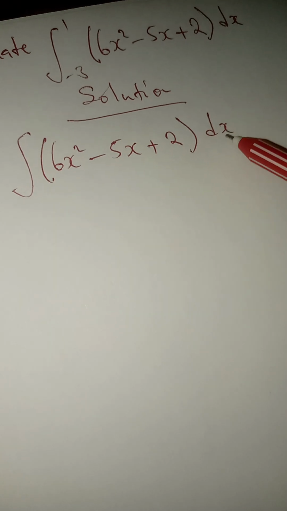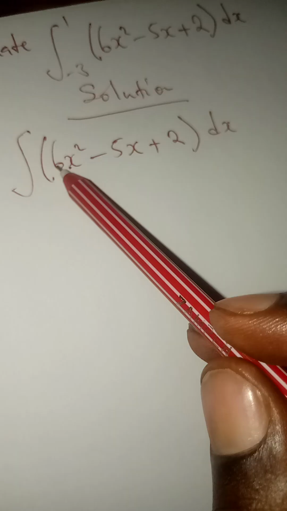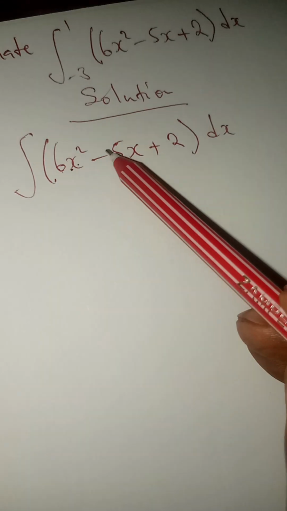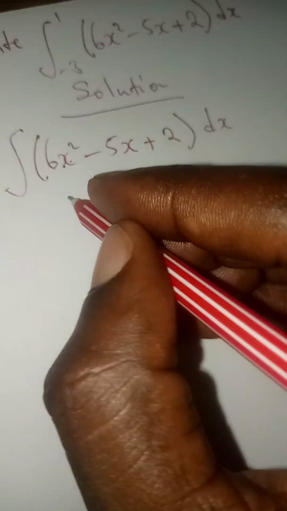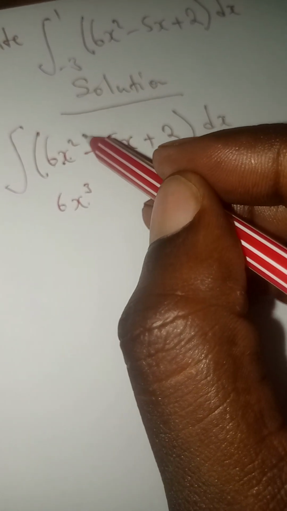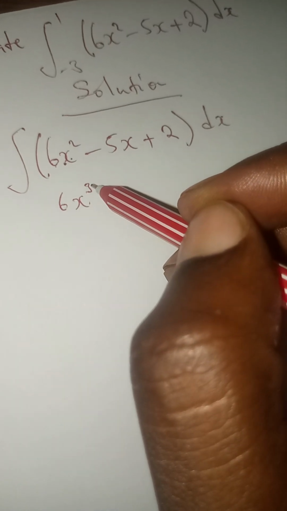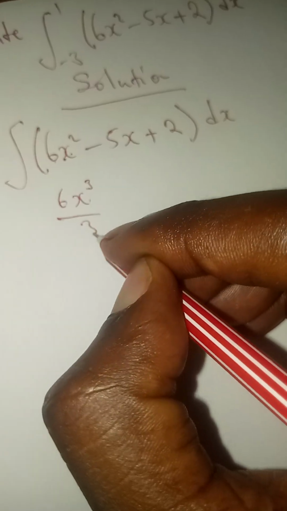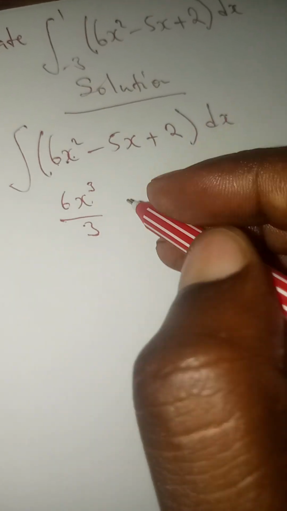So for instance, this is 6x. When you multiply by x, it will be 6x to the power 3, because when you multiply, we just add to the power. Now this power, we also divide by the same power, this 3.